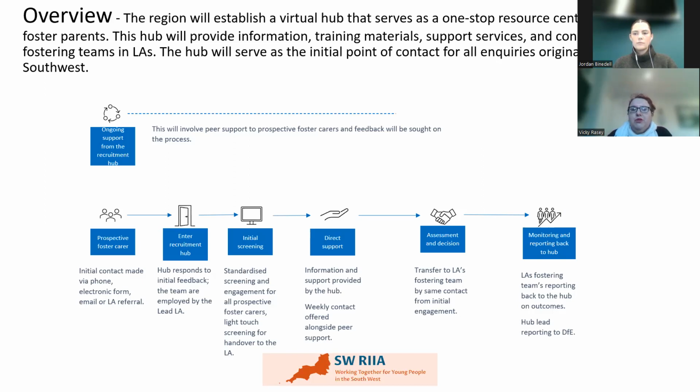Most of the time in the region, the prospective foster carer receives a buddy, but usually once they've gone to that initial visit stage, occasionally there's a couple of local authorities that do it earlier. But we're looking to have a buddy available for them right from making that initial first inquiry, so that they are supported throughout their entire journey. Next slide, please.